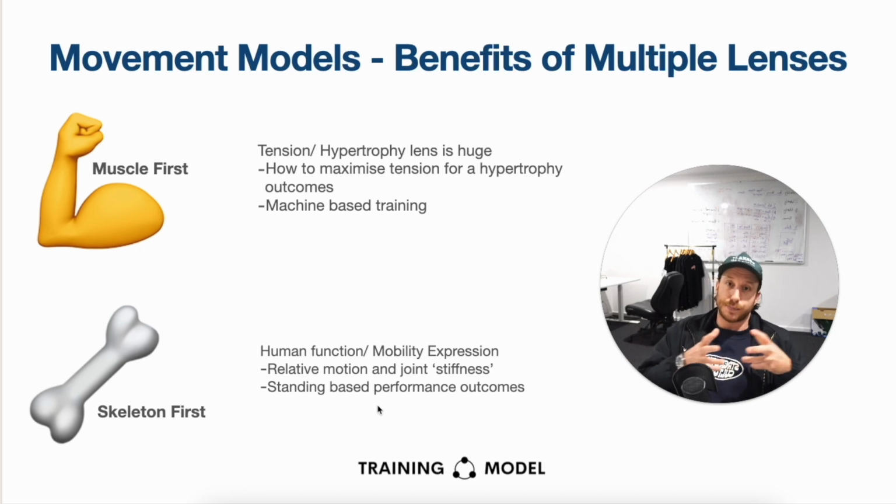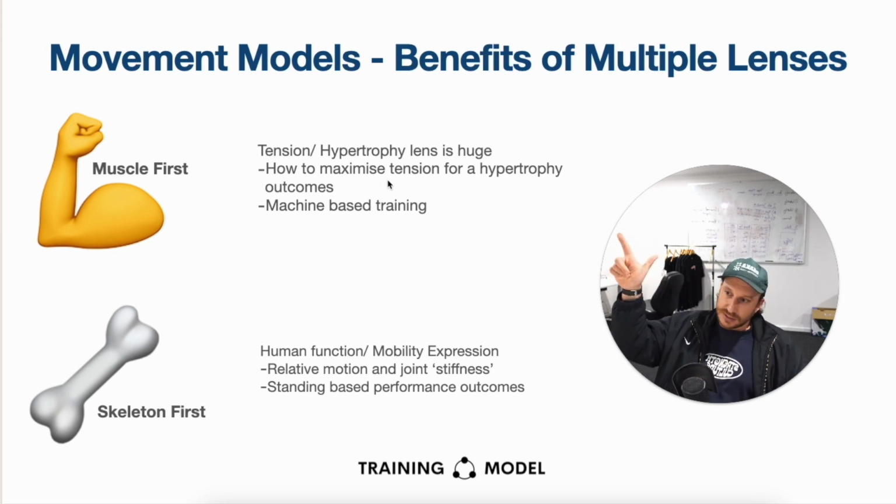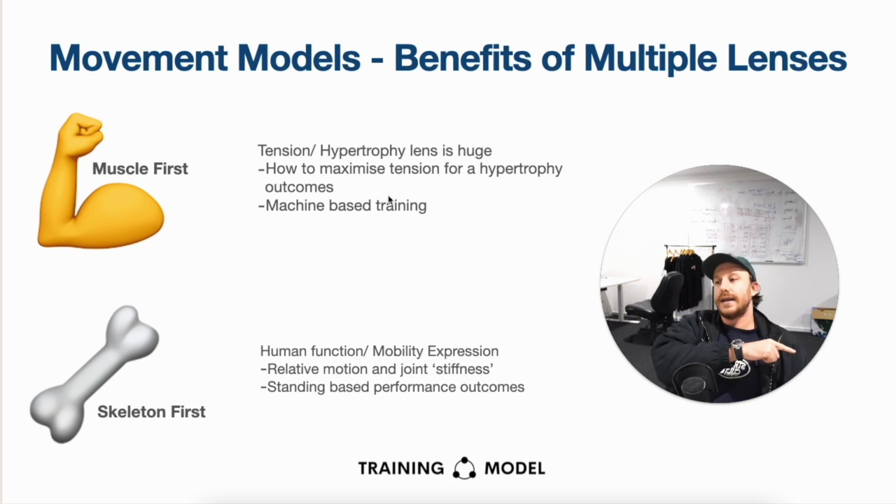All of that is a progression of gravity management, which is a skeleton first lens. So outside of hypertrophy and tension for hypertrophy outcomes, I will almost always go back to the skeleton global perspective. How are we managing gravity? How are we dealing with pressure and internal forces as the main model for myself? And that is what I educate on and around.